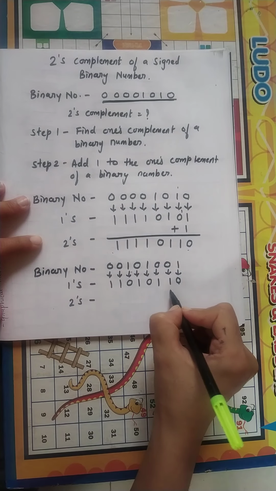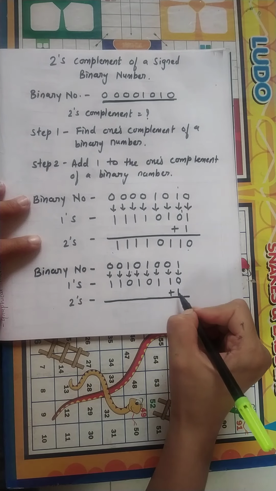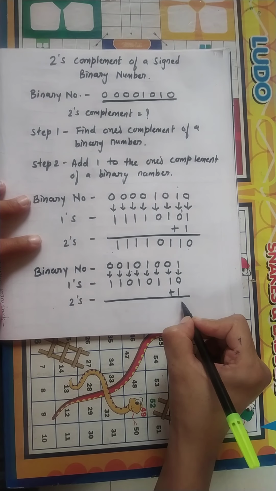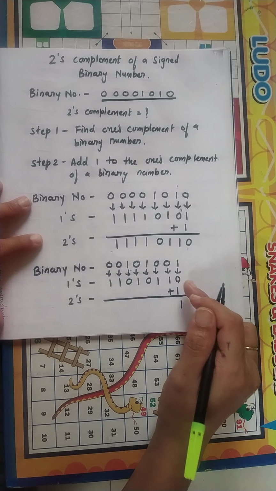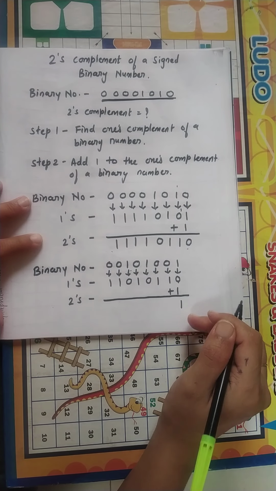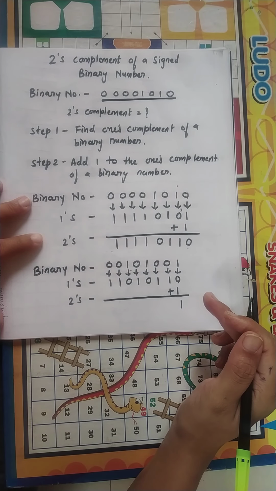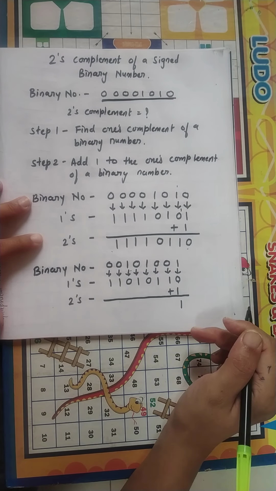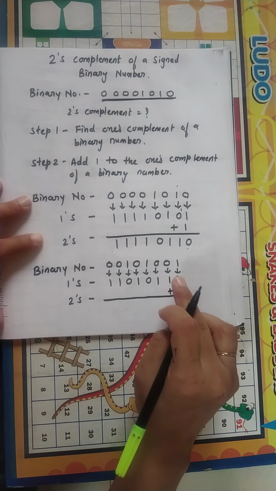So just add 1 to the 1's complement of the number. So here 0 plus 1 will be 1. Right? When adding, you have to keep in mind that 0 plus 1 will be 1. Right? 0 plus 0 will be 0. Right? 1 plus 0 will be 1. But when it is 1 plus 1, then the sum will be 0 and the carry will be 1.